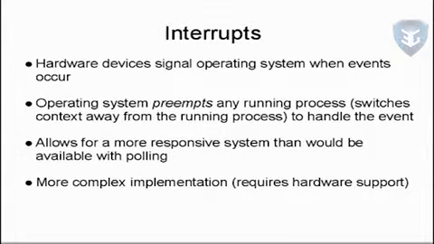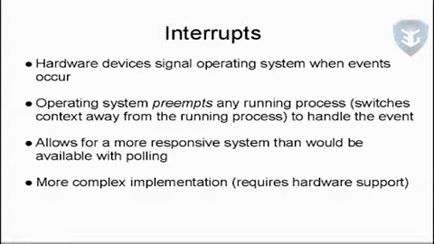So a better mechanism is to use a system called interrupts. With interrupts, the hardware devices actually signal the operating system whenever events occur, or more precisely, they signal the CPU, and then it's up to the operating system to receive and handle that signal. What the operating system will do is preempt any running process.